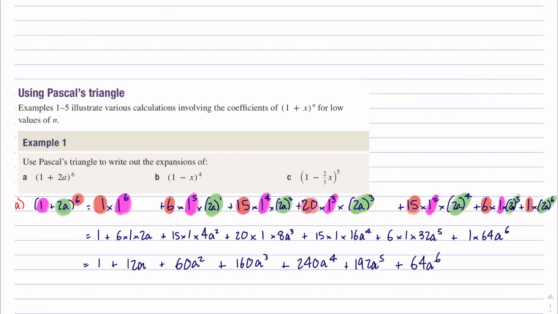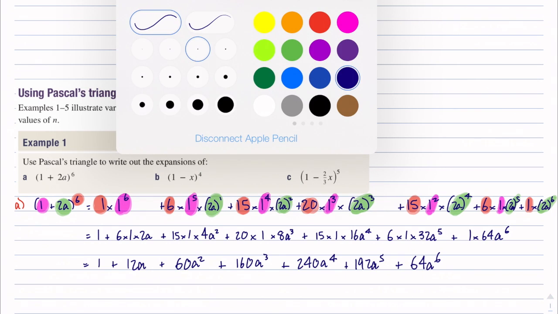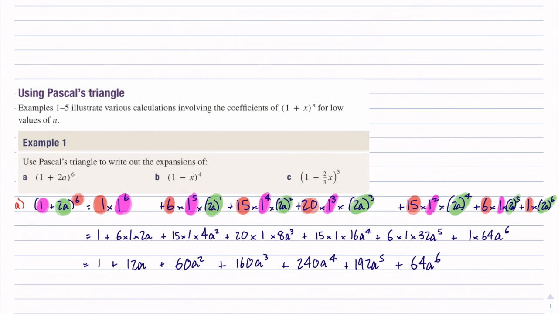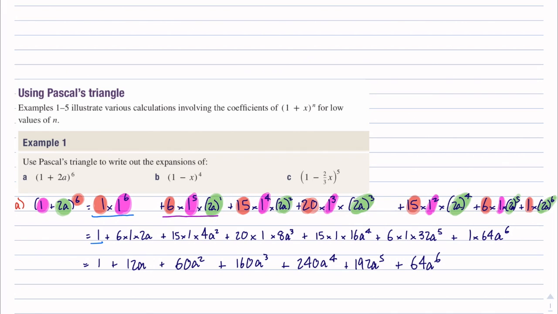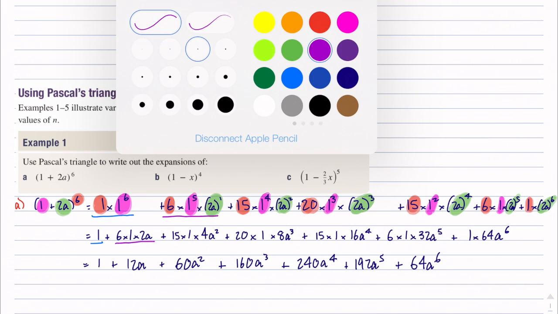Let me get rid of my embarrassing having to multiply. So just to colour code where each of these things went, this 1 times 1 to the 6 was here. This 6 times 1 to the 5 times 2a to the 1 was here.